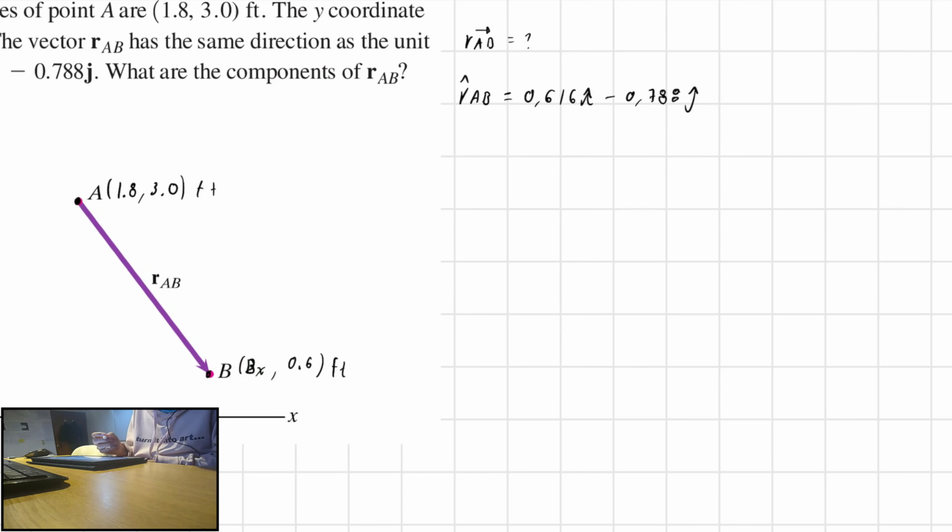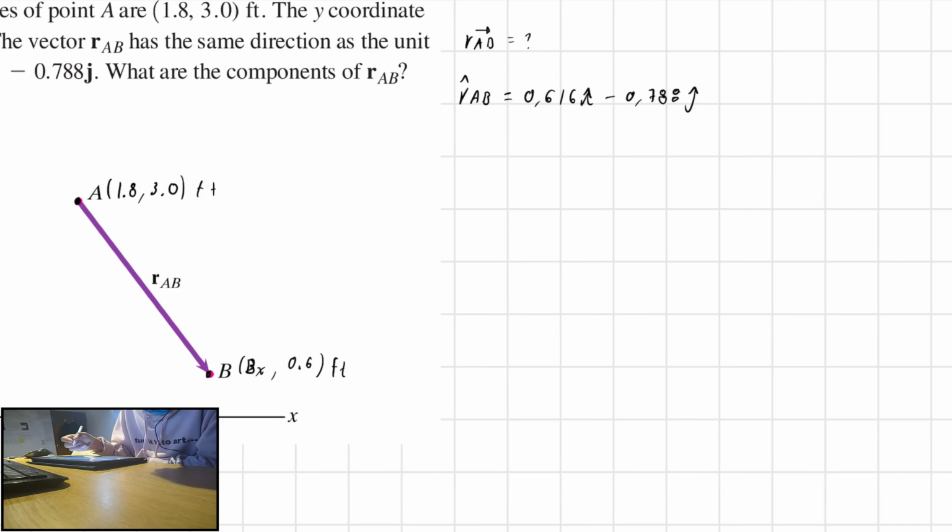Why is that? Because by finding the two coordinates for the 2 points, I can just subtract the final minus the initial, and I'm going to have our final answer. So this is something that I want to tell you guys: when you're looking for a vector using the coordinates, all you have to do is subtract the final minus the initial.